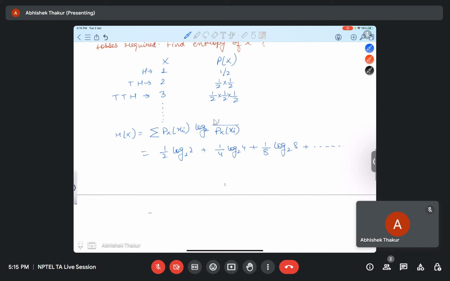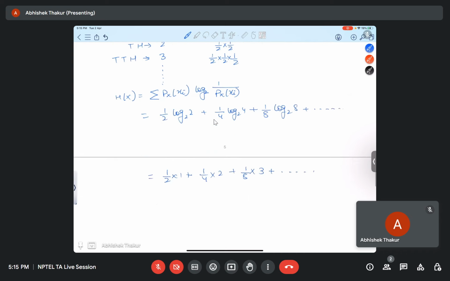So this can be written as half into 1 plus 1 by 4 into 2 plus 1 by 8 into 3 and so on. So actually this is just the summation of n into a to the power of n.